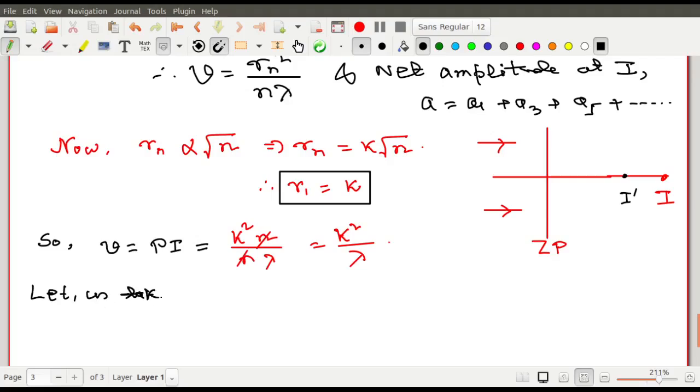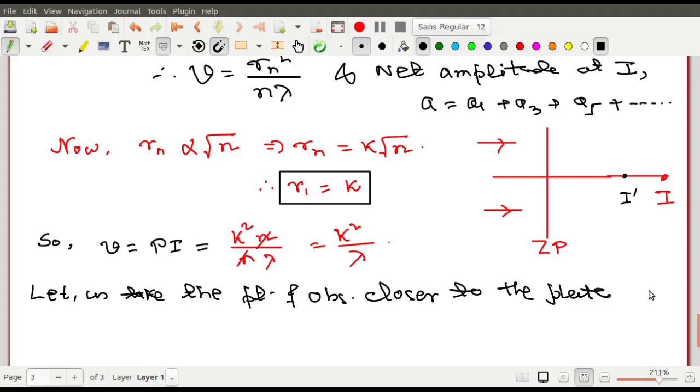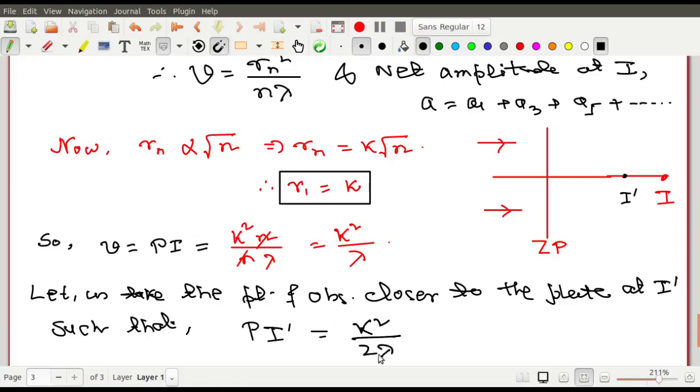Let us take the point of observation closer to the plate at I dashed, such that, so I take it in such a manner such that your pi dashed, মানে এই যে রিলেশনটা, this pi dashed will now be equals to some k square by 2 lambda, মানে আমি হাফ ডিস্টেন্সে নিয়ে এসেছি, I got it to the half distance.